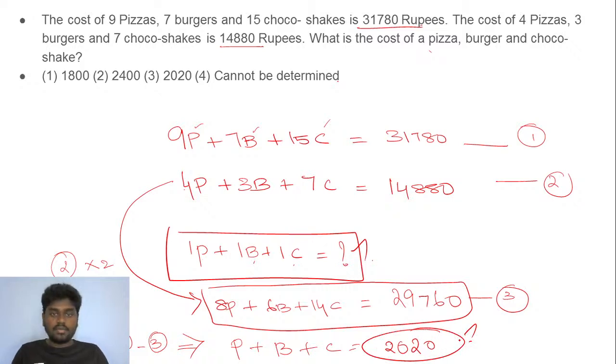So the answer for this question is undoubtedly option 3. 2020 is the actual cost of 1 pizza, 1 burger and 1 choco shake.